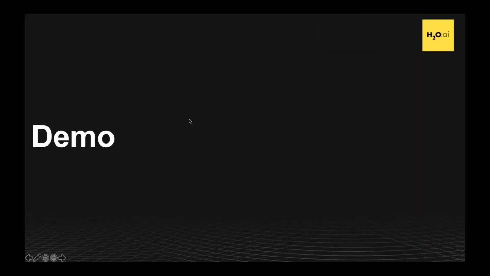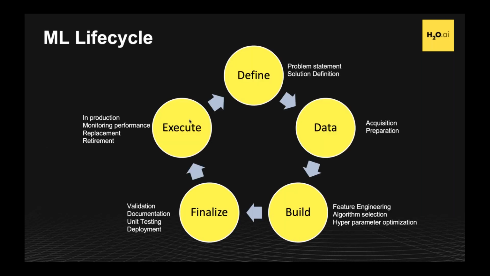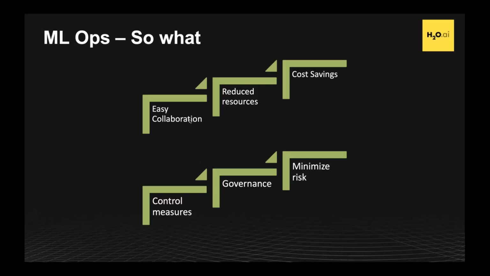Now, with all of this and what I've shown, the next question is, so what, right? What's the big deal? So that is basically two things broadly. One is that with this kind of a platform, like I said, it tries to bridge the gap, and it enables ease of collaboration and cost savings for us.